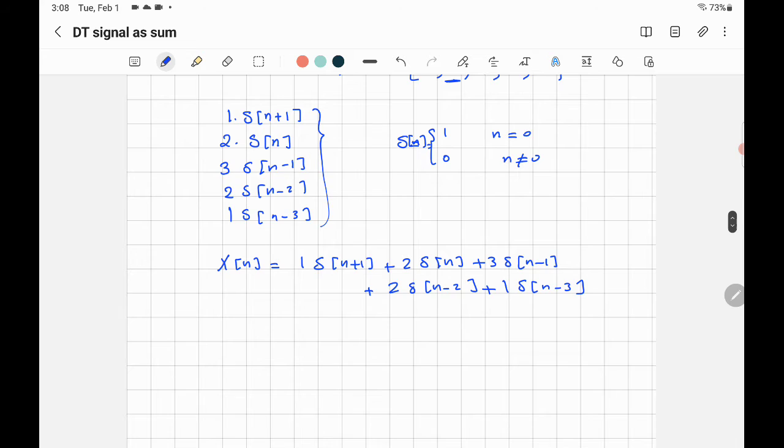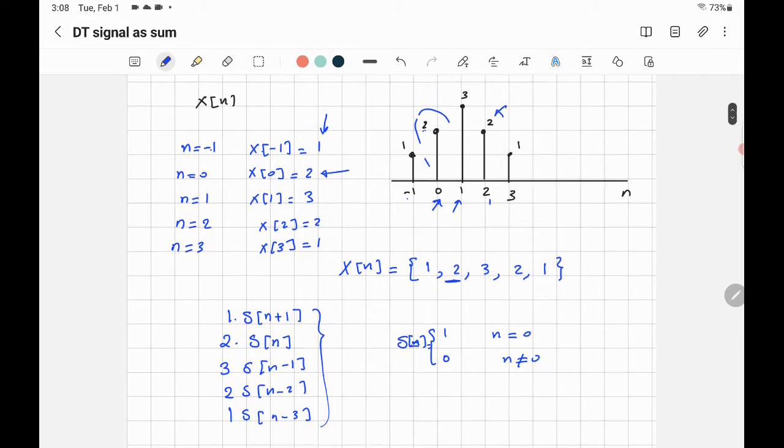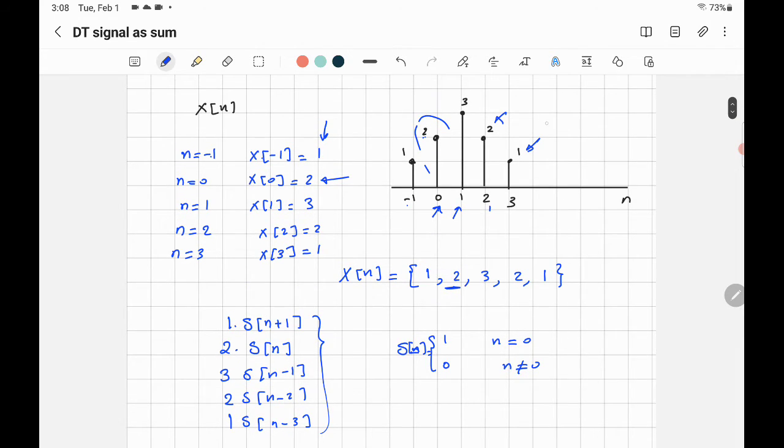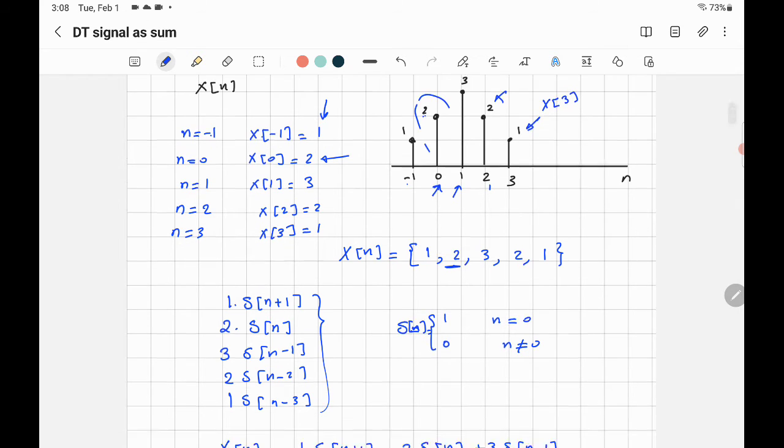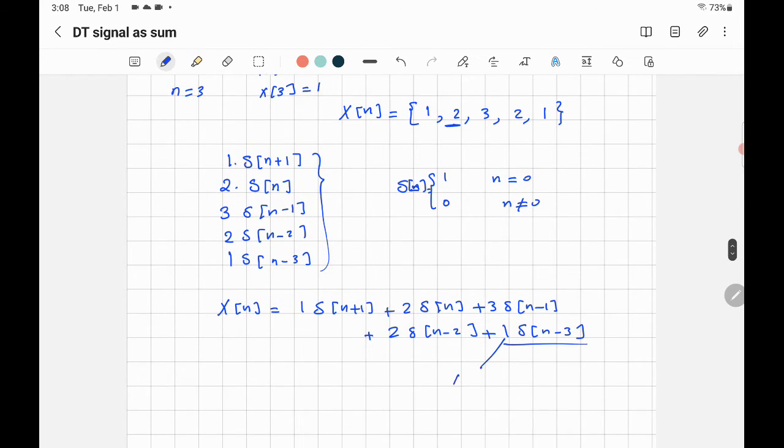Let's write it in more general terms. For example, pick any term, like I'll just pick this term. 1, that's the value, which represents the value of x at n equal 3. That's x of 3 multiplied by delta n minus 3.